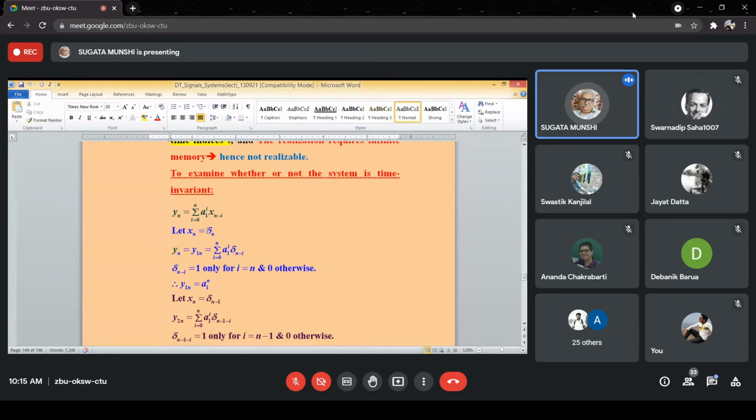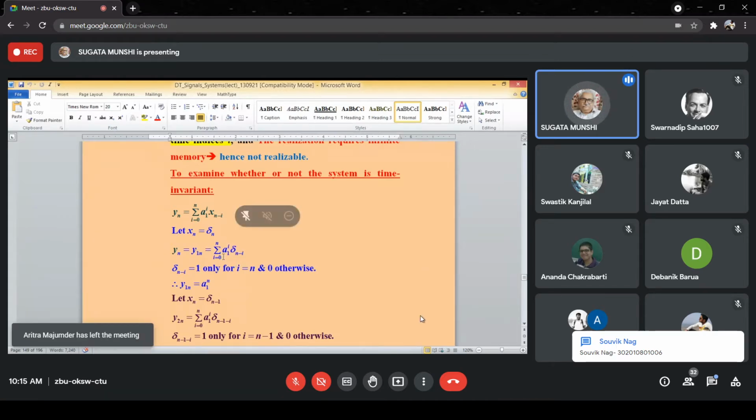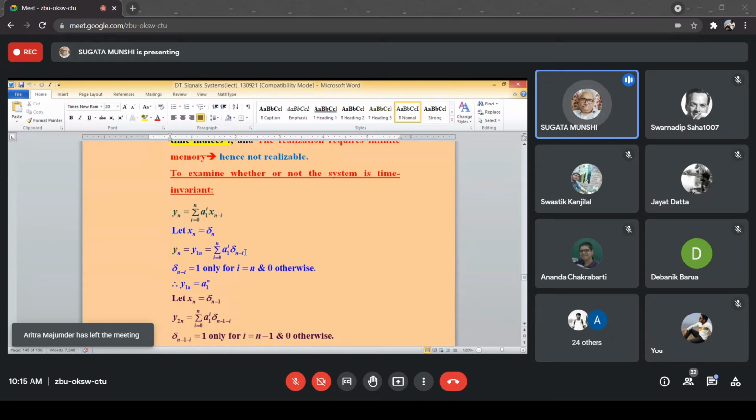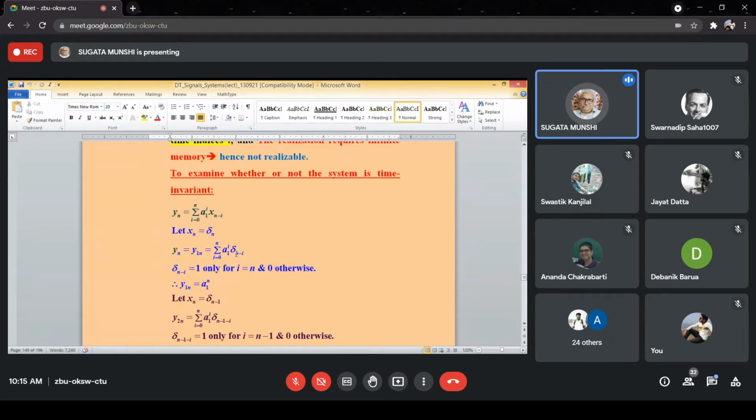Suppose x[n] is equal to delta[n]. When x[n] is equal to delta[n], what will be y[n]? Say it will be some y1[n]. What will be the expression? In this summation expression, I have replaced x with delta. Now here in this summation, only the term for which i is equal to n, for that term delta[n minus i] will be 1.